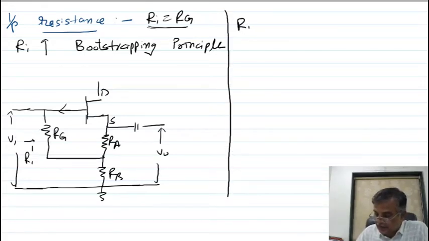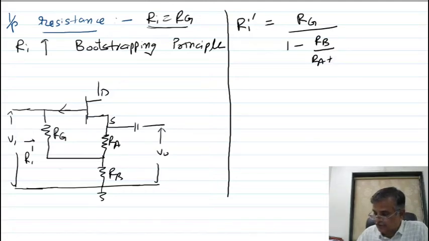impedance Ri dash is given by Rg upon 1 minus Rb upon Ra plus Rb into Av. Here you are keeping Rb much greater than Ra.